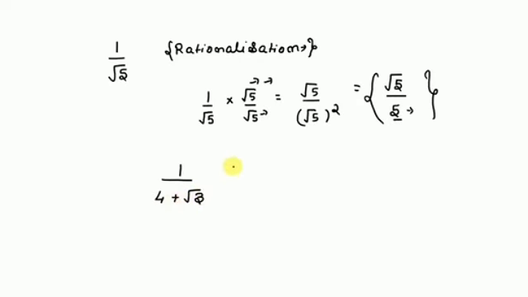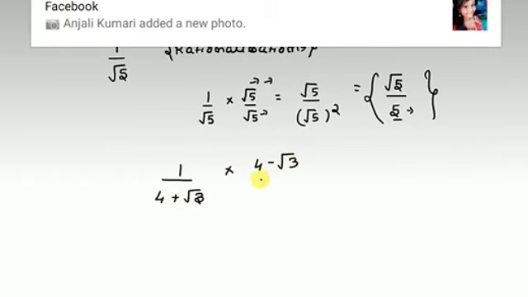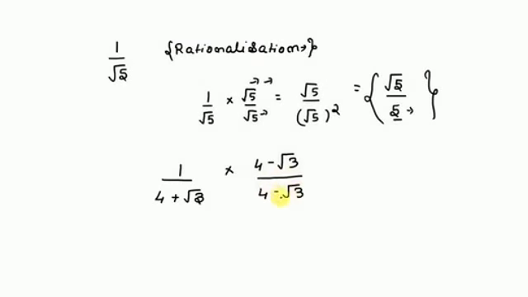1 by 4 plus root 3. Here we have to multiply it by 1 to keep it the same number, and 1 may be written as a number divided by the same number. Look here, you have to multiply by 4 minus root 3, because here the denominator is 4 plus root 3. So to make the identity, we have to change the sign.